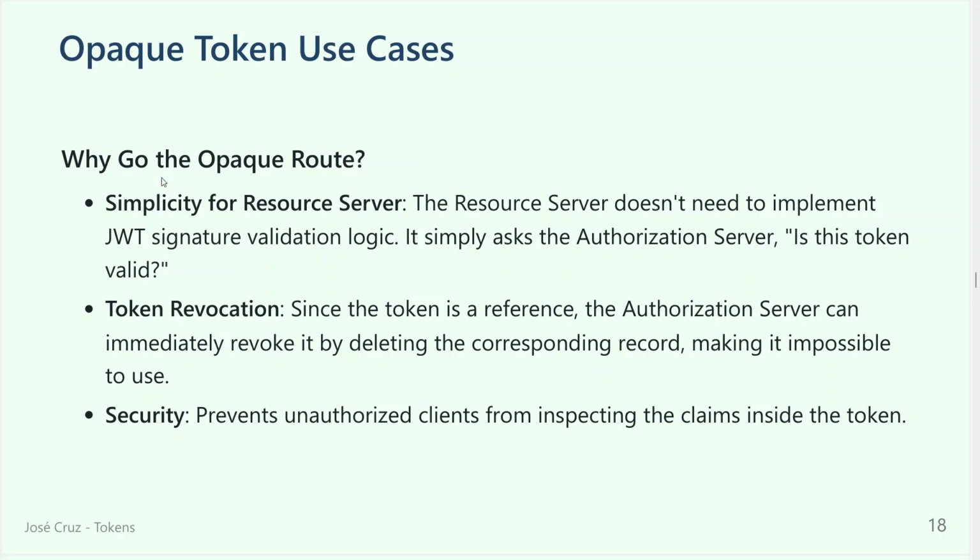So why go the opaque route? Why do I want it? For the examples that I did. But first, simplicity for the resource server. The resource server does not need to implement JSON Web Token signature validation logic. Remember that the access token can be a JSON Web Token, and I'll explain in a moment what that means. In that case, we just want a very simple resource server.